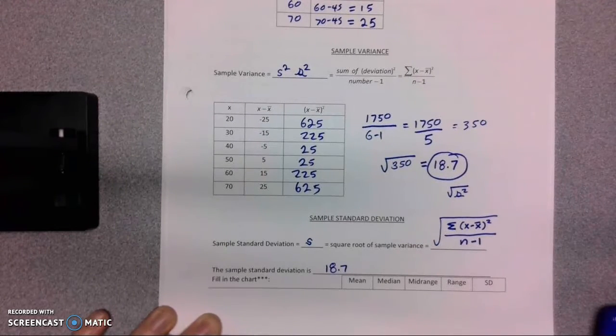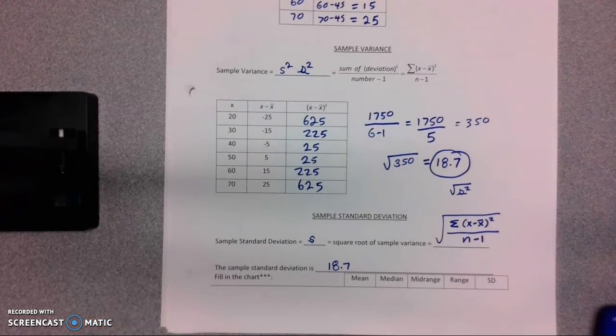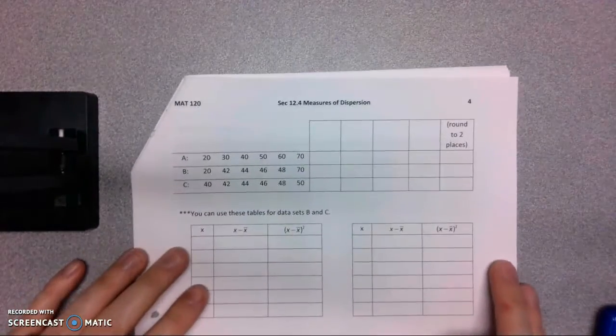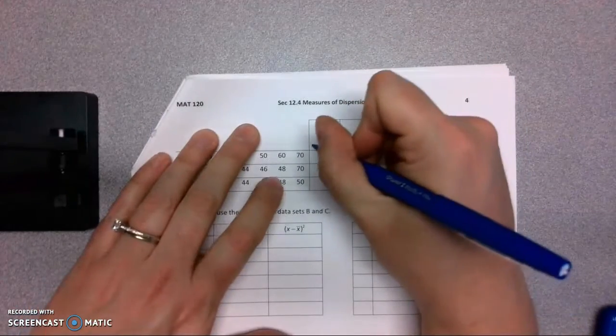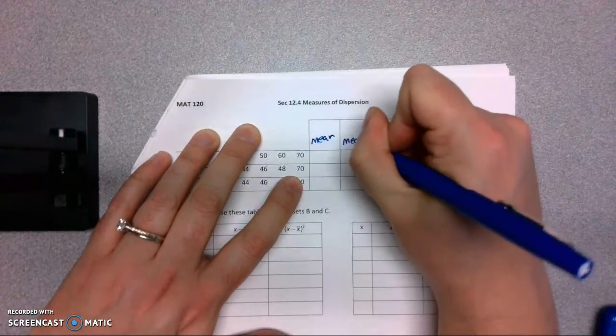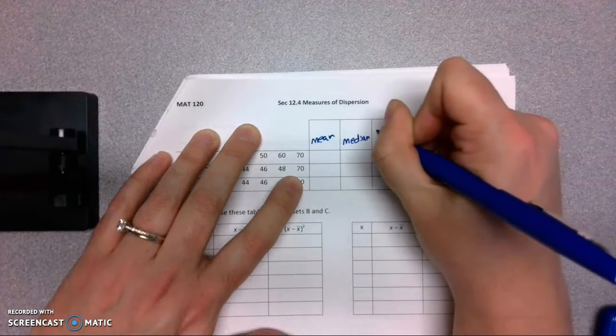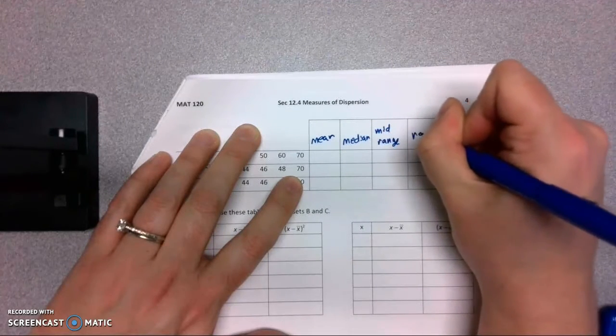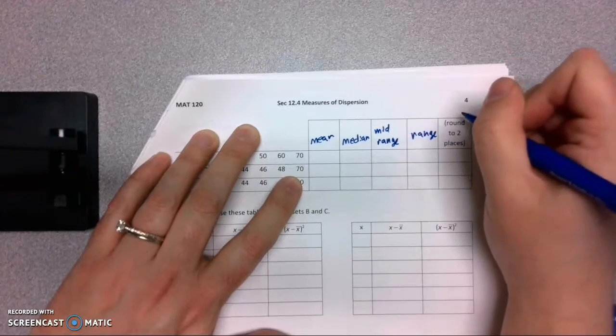So we want to fill in the chart. Sorry, it printed kind of funny. So this is the mean, median, mid-range, range, and standard deviation.